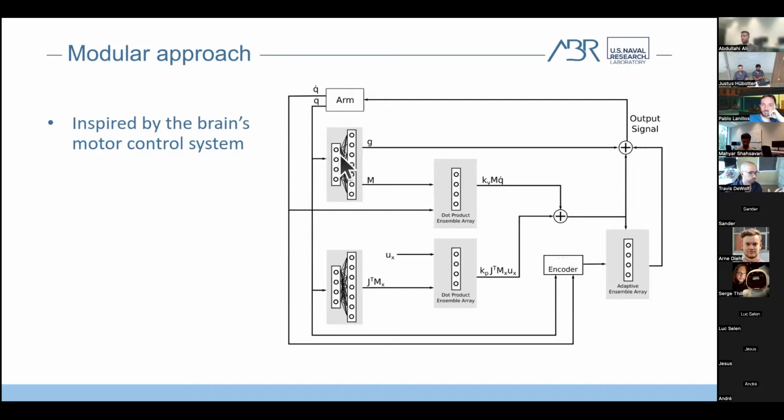So joint angles are fed into this node here, which generates gravity and the inertia matrix term. As well, it's fed into another node down here, which is calculating our Jacobian transpose times the inertia matrix in task space. And then we take the forces we want to apply to the hand, we run them through a dot product with the Jacobian transpose, and we send it to a summation term.